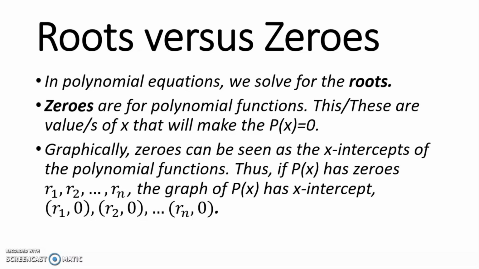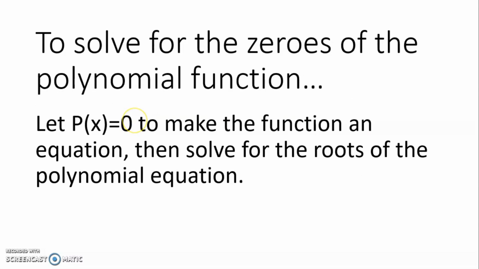So, why did I represent r sub 1, r sub 2, until r sub n as zeros of the polynomial function p of x? Because when we solve for the zeros of the polynomial function, look at this. We let p of x, or the function itself, be equal to 0. So, for example, if it's represented as p of x, f of x, g of x, you replace that with 0. So what will happen to the given polynomial function? It becomes an equation.